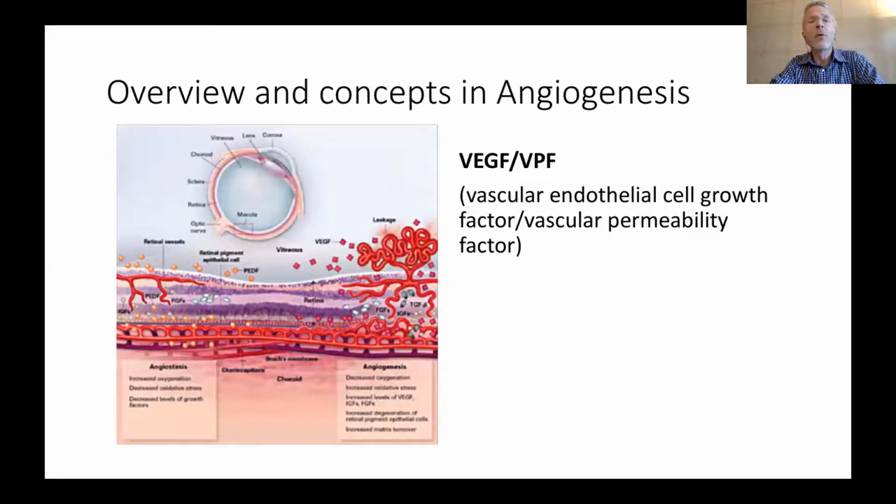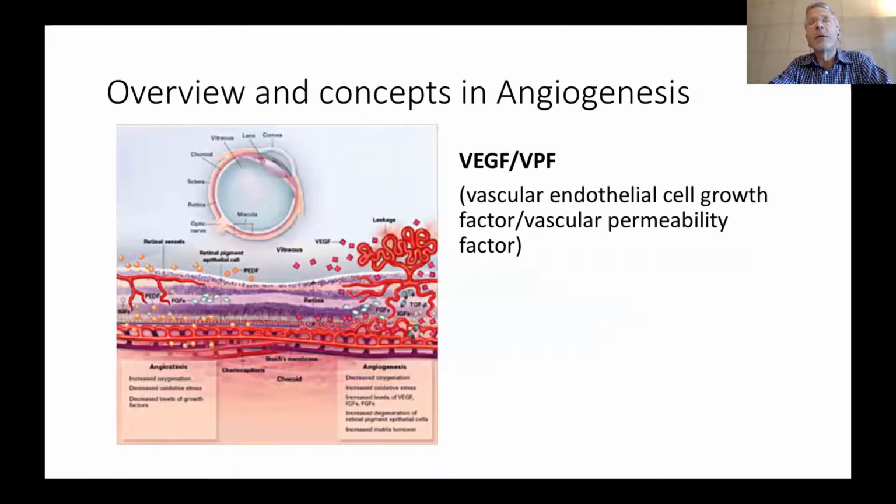So here's an overview and concepts in angiogenesis. Vascular endothelial cell growth factor, or VEGF, was originally identified as a factor that tumor cells secreted and caused blood vessels to leak, so it was originally called vascular permeability factor. A number of years later, a different group identified a factor from tumor cells based on its ability to make endothelial cells proliferate.